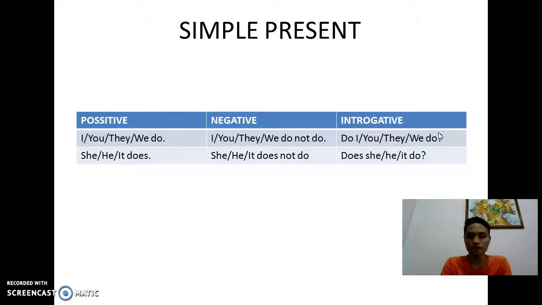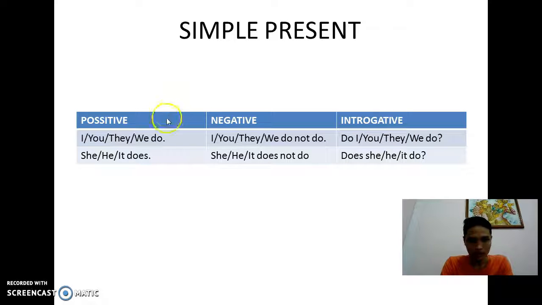So if you notice, the first examples and the second examples have different forms in the positive forms, negative forms, and interrogative forms.